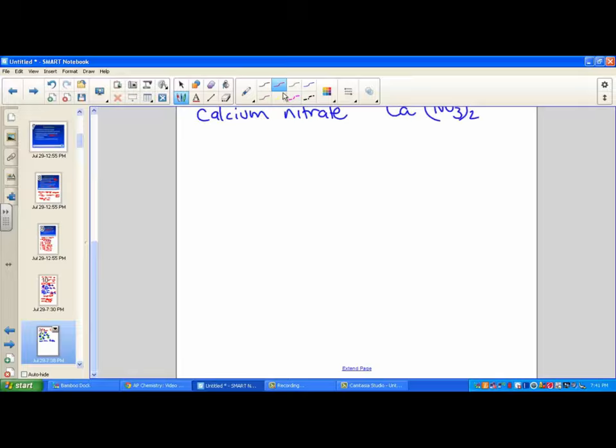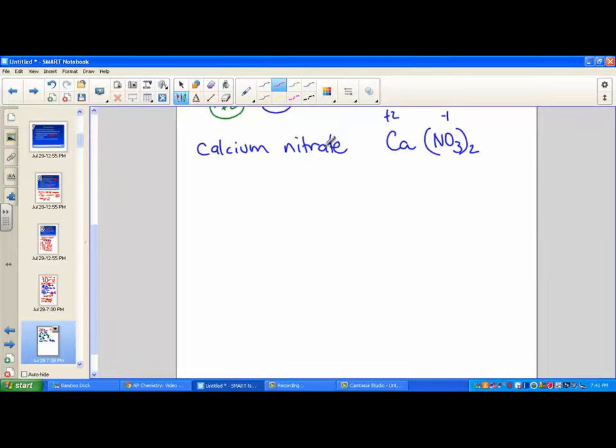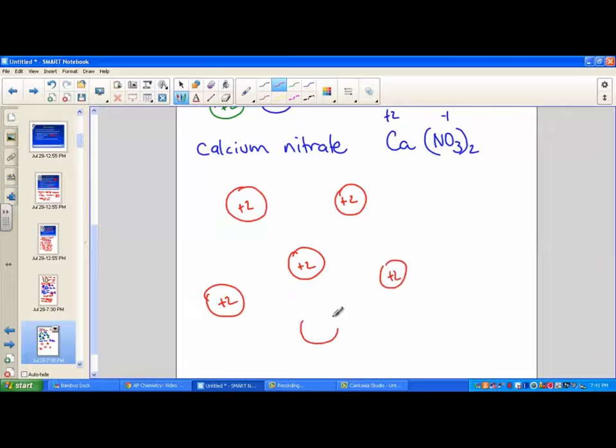So I'll use red this time. Now calcium is a +2, so I want to make it twice as large as the -1. So I have to draw 6 positives. So 1, 2, 3, 4, these are all the same size, 5, 6.